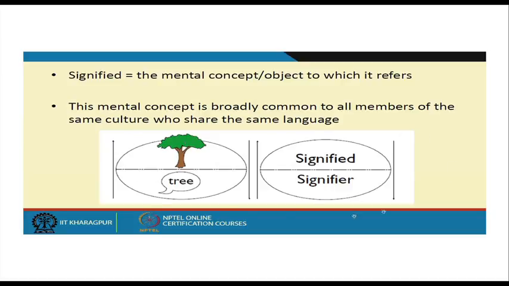So here if you look at this diagram, this is a tree, and tree is also a concept. The understanding of a tree is also a concept which is there in your mind. So a tree is defined as a tree by the understanding you have of its treeness.